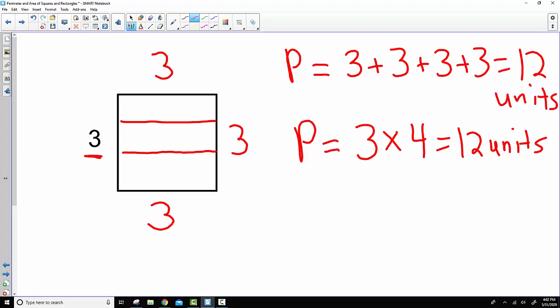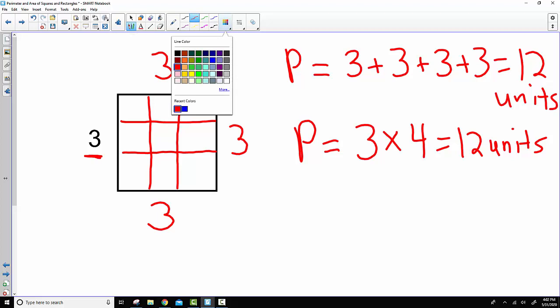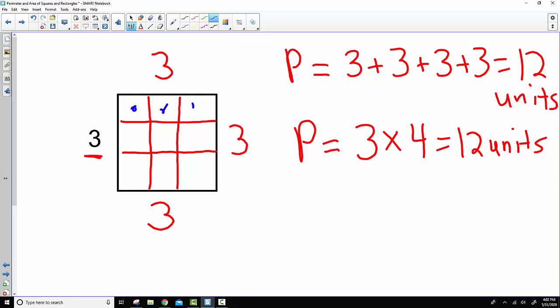And then we also see at the top and bottom that there are 3 units. So now we can count those units and find out how many total square units we have. 1, 2, 3, 4, 5, 6, 7, 8, 9. There are 9 square units.